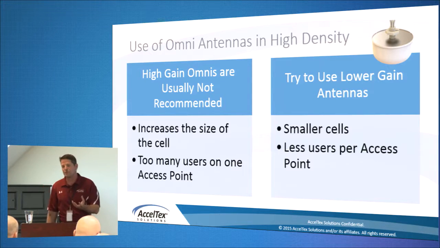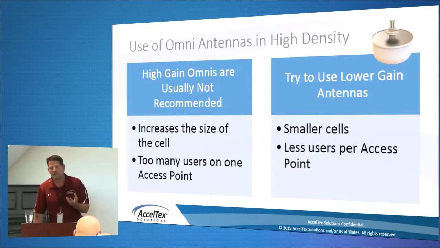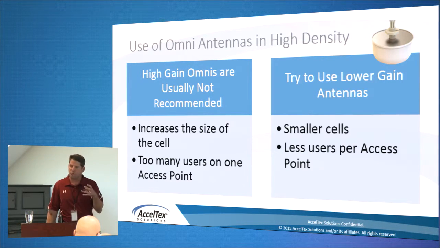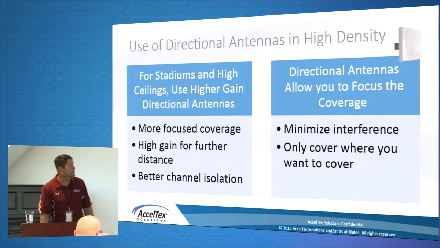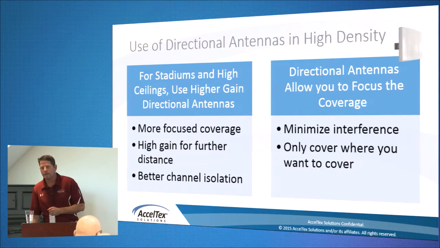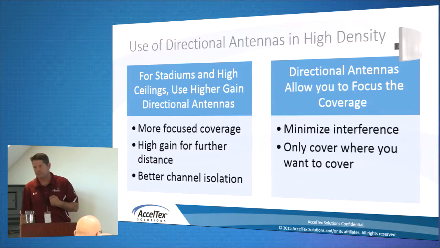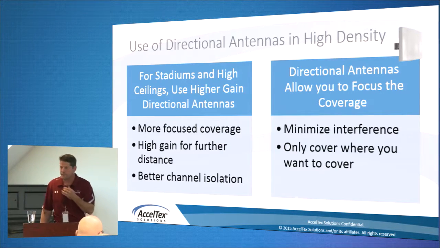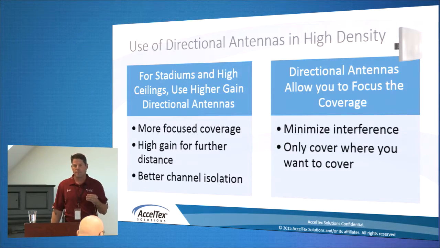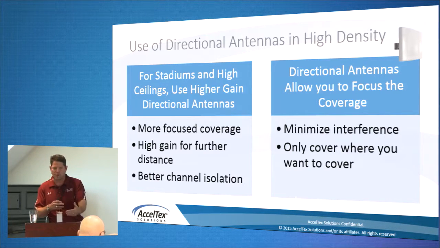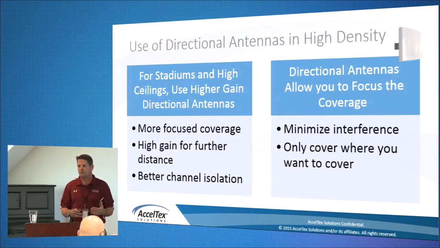There's nothing wrong with using omnis in high density environments, but normally it's going to be your smaller ones. Where we're spending most of our time, and where we're seeing most of our R&D going in as a company, is directional antennas for high density. We're trying to cover smaller areas, maybe go further distances sometimes like in stadium applications, while minimizing interference by only covering the areas we want to cover.